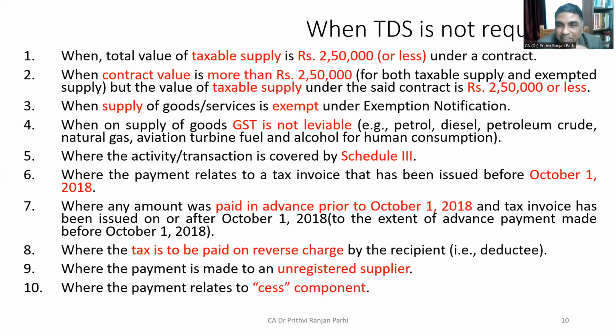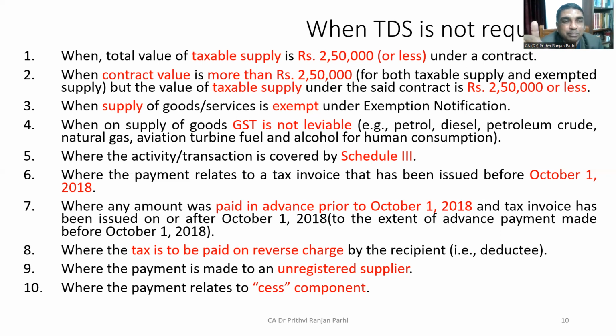And when the tax invoice is issued before October 1st, 2018, before this section was notified, then also TDS is not required to be deducted. Then when the amount was paid in advance prior to October 1, 2018, and the tax invoice has been issued on or after October 1, 2018, here also TDS is not required to be deducted. Point 8 is that tax is to be paid on reverse charge mechanism.